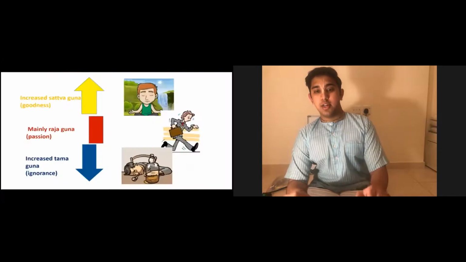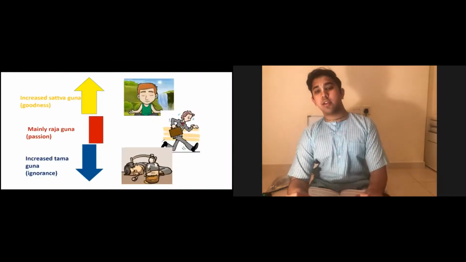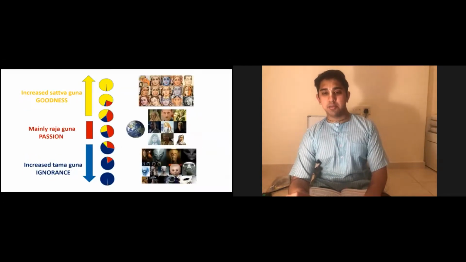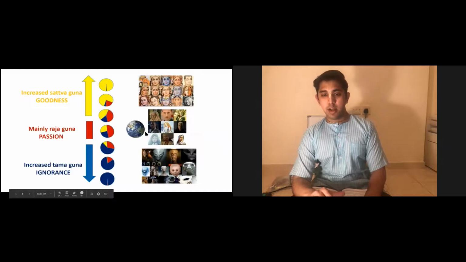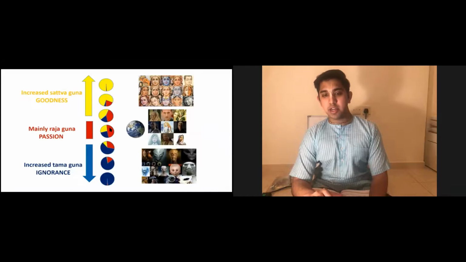Also, the different modes, goodness, passion, and ignorance, how they are dominated in all these planetary systems. We are somewhere in the middle, and this is how we are dominated kind of equally with goodness, passion, and ignorance.